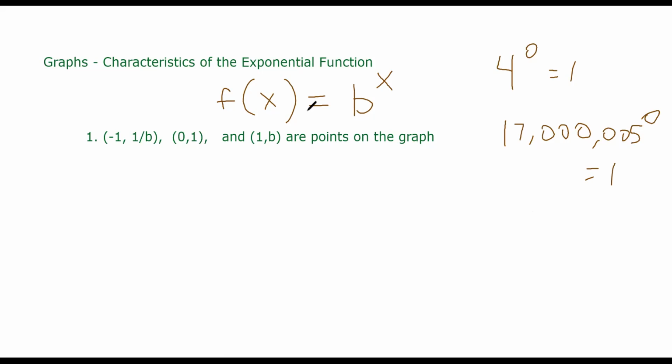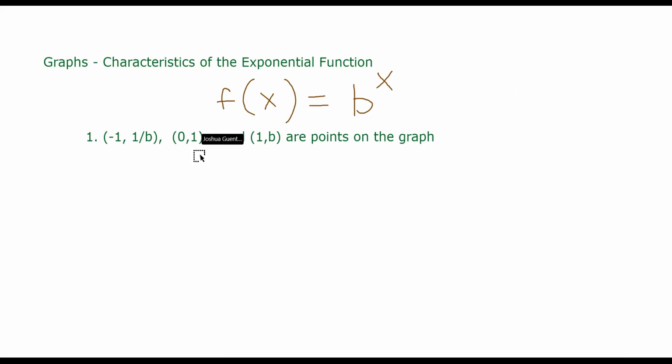So raising something, except for 0 itself, to the 0th power gives you 1. Thus, if I put a 0 in for x here, I get 1 out of it. Finally, if I put a 1 in for x right here, that's just b to the first, so it spits out just b itself.